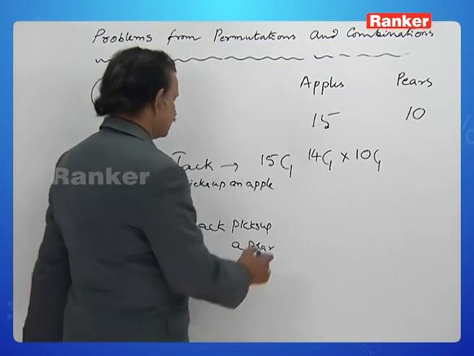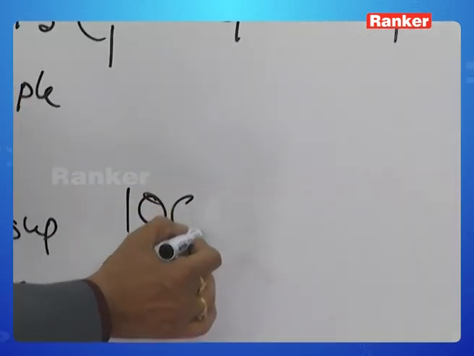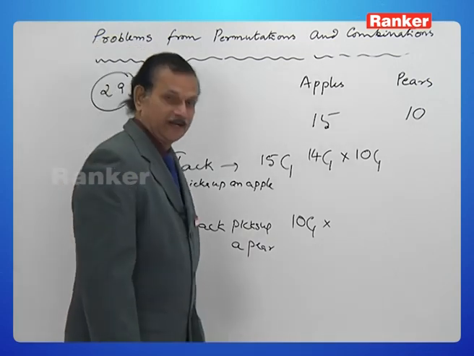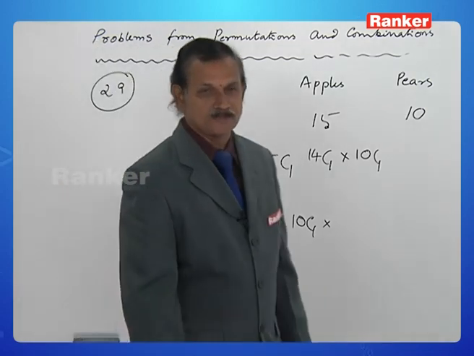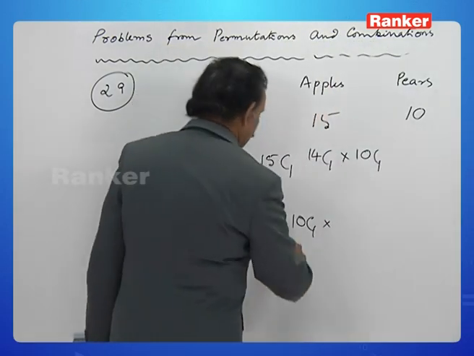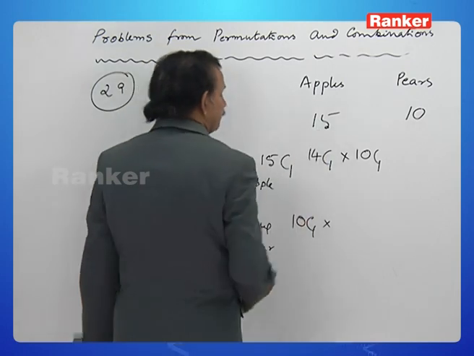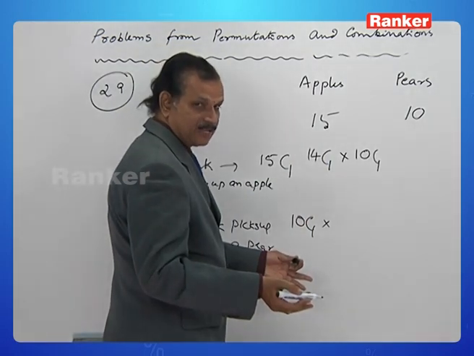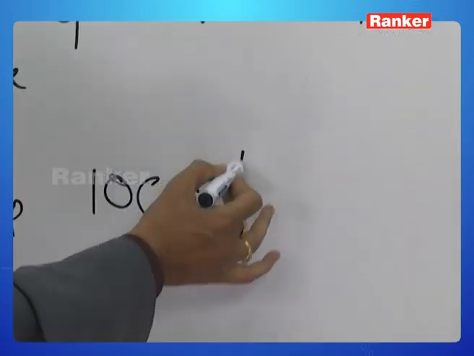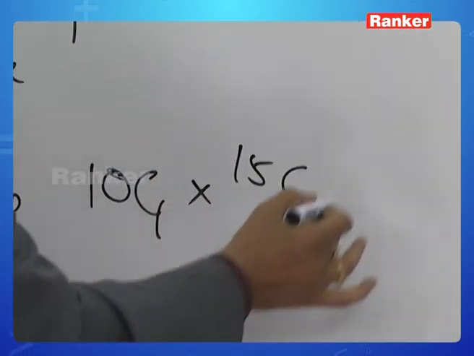There are 10 pears, he can do that in 10C1 ways. Now also Jill enters into the fray. What is her duty? She is supposed to pick up one apple and one pear. Are there any selections previously from the apples? No. 15 apples are safe. Out of those, she picks up one apple in 15C1 ways.